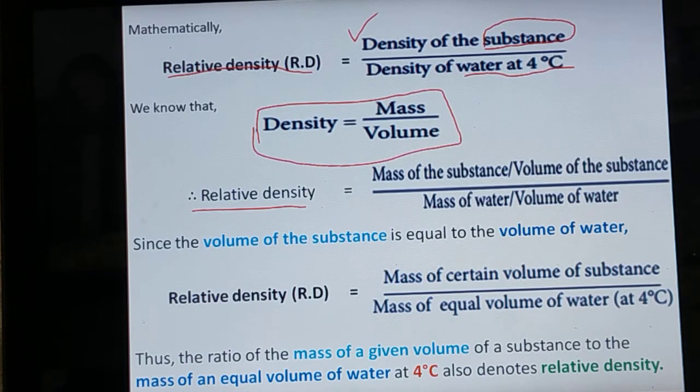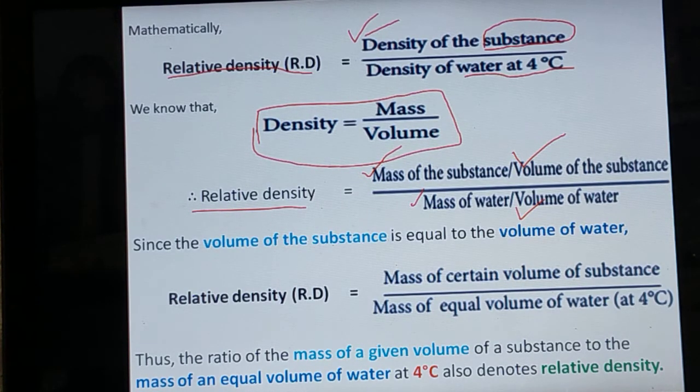In turn, what is the formula for density? It is mass by volume. So the density of the substance in the first formula is replaced by mass of the substance divided by volume of the substance. Then density of water, by the same formula, is mass of the water divided by volume of the water.